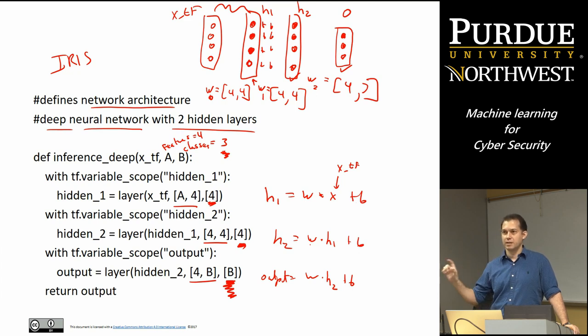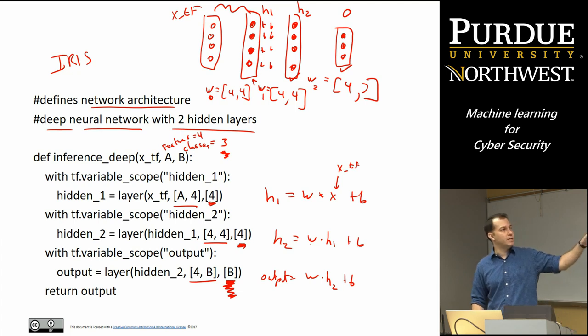That's abstracted from you, and you might say that's crazy, but in Torch, I think, or one of the other ones, you literally have to declare every single variable. Whereas here, notice we didn't have to use W1, W2, W3. Do you see that anywhere in there?